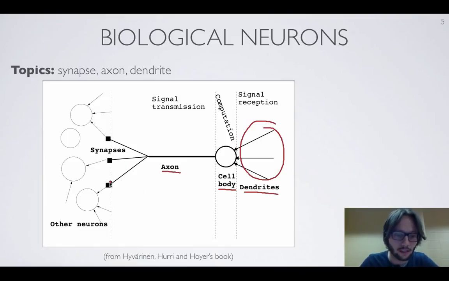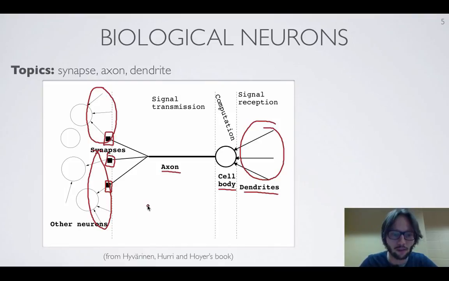And this axon then becomes some branches which are eventually connected to other neurons' dendrites, and the point of connection between these, so this little square here in this cartoon illustration, this point of connection would be the synapse. So the synapse is where the axon reaches another neuron's dendrites.